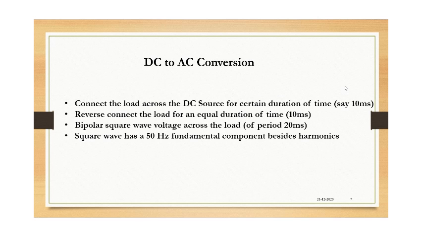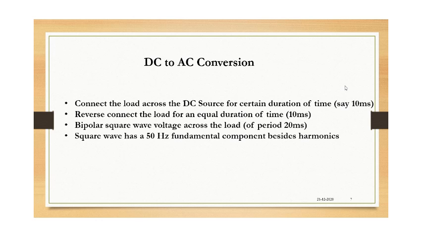So the basic method of how we go for this inversion process or inverter operation. The simple way of understanding things is that you are already familiar with the DC to DC converter, right? In a DC to DC converter, how are we controlling the average output at the load? We are controlling it by the duty cycle of the switches in the circuit, right?